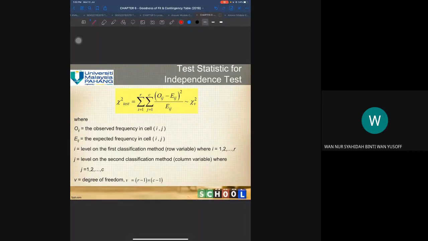The E is the total row multiplied by the total column, divided by the total data. This is the basic idea.